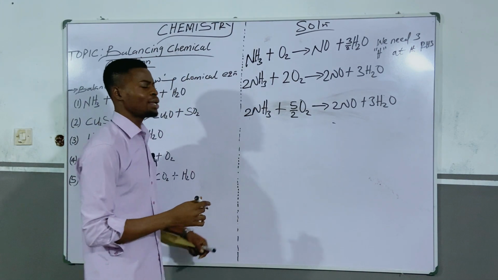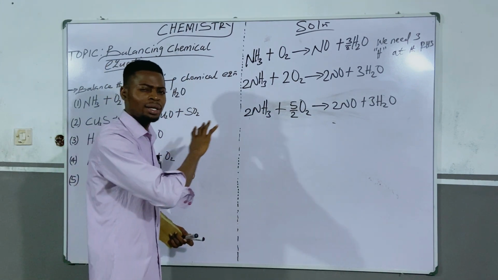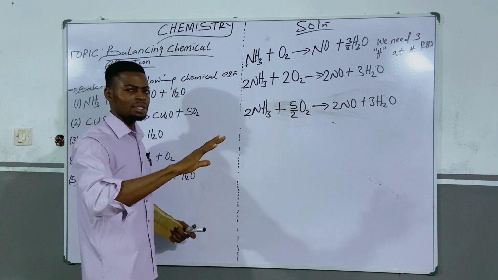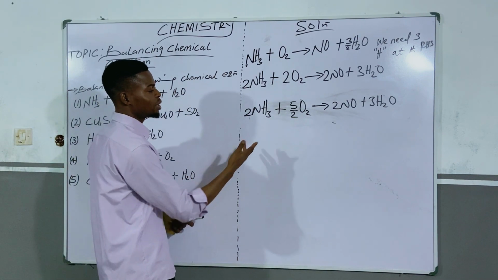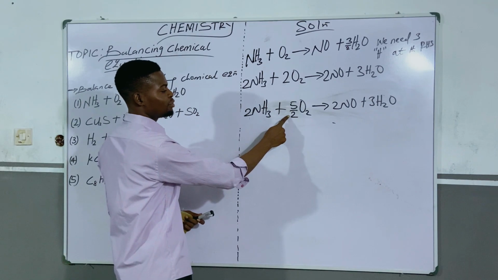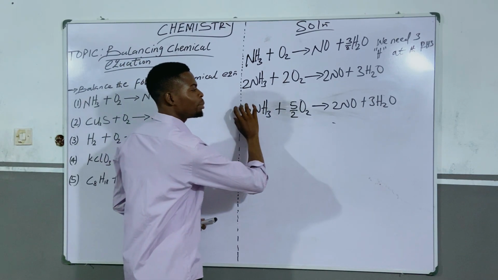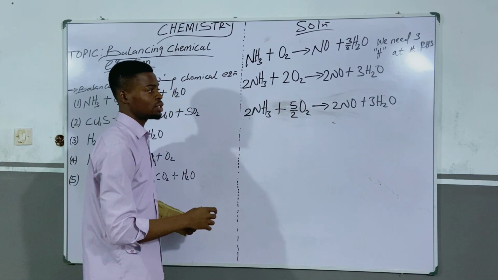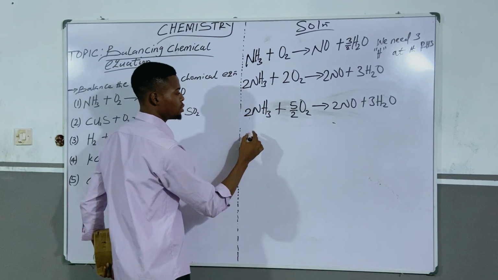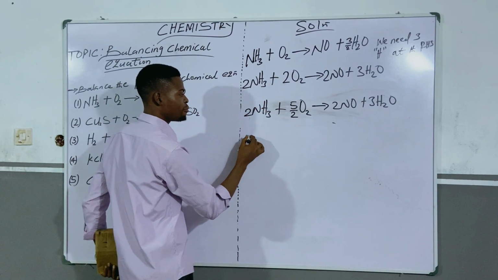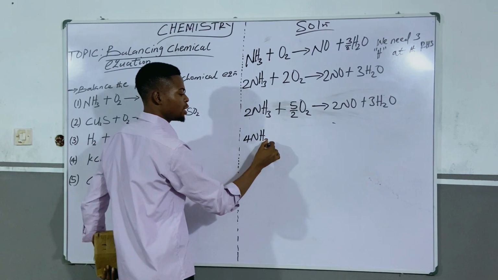Now when you have a fraction, clear the fraction. Don't leave a fraction in a chemical equation. To clear the fraction, you have to use the denominator and multiply every coefficient or every species in the reaction. So 2 times this, we have 4NH3.